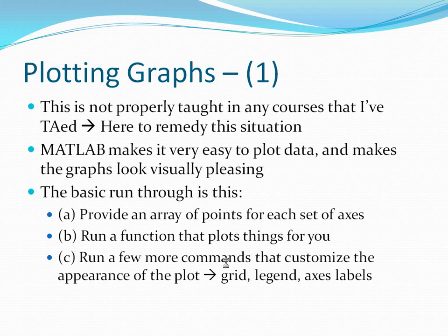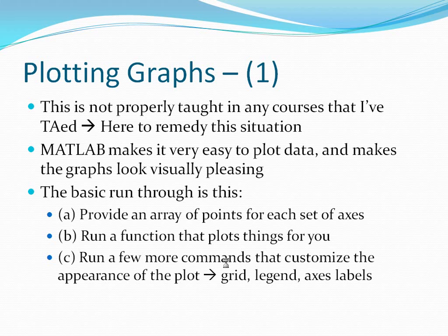It's very simple. So you figure out what your x and y points are. You run a very simple command that'll plot stuff for you, and then you run a few more commands that will customize the graph for you. So add a grid, put a legend, label the axes. So label the x-axis, label the y-axis, put a title on the graph, and so on and so forth.